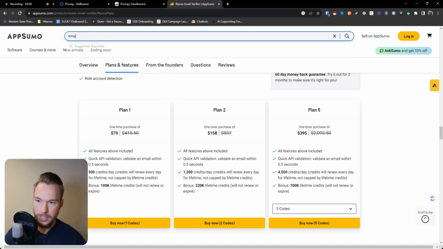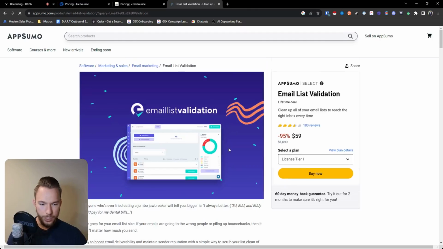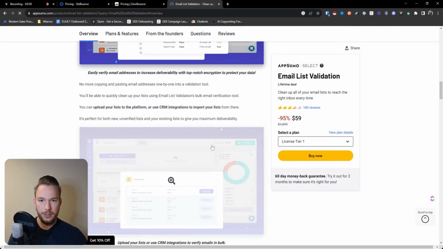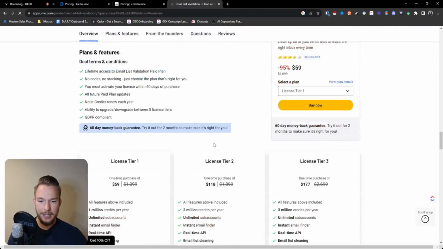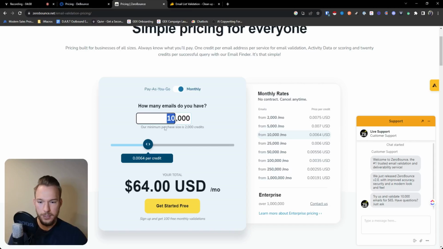There's another one called Email List Validation that is super, super cheap. Instead of getting email credits daily, you can buy 3 million credits per year, or 5 million credits per year for $295. If I wanted 5 million credits, let's put it in here.